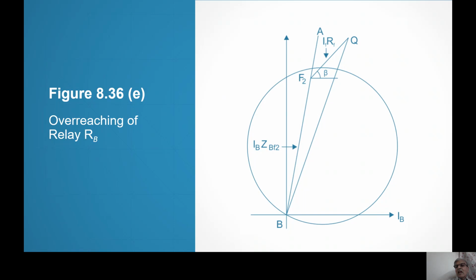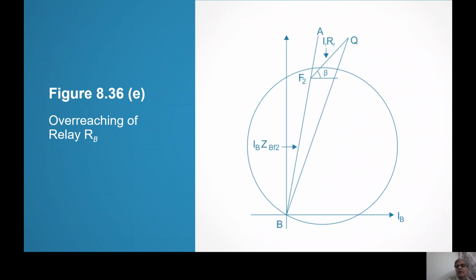For fault F2 and IF-RF, you see, my reference vector is IB and IF is leading IB by angle beta. That means my impedance measured is BQ. It should have been BF2. That means the relay should have operated and it does not operate. That means it underreaches. Right?